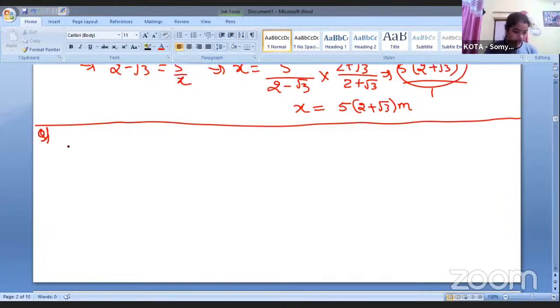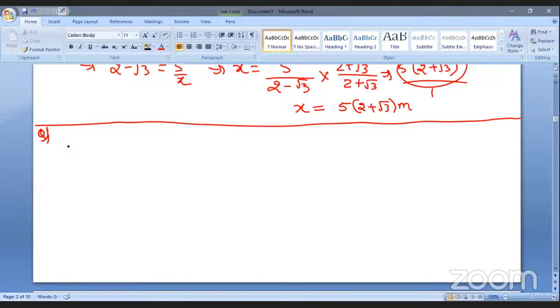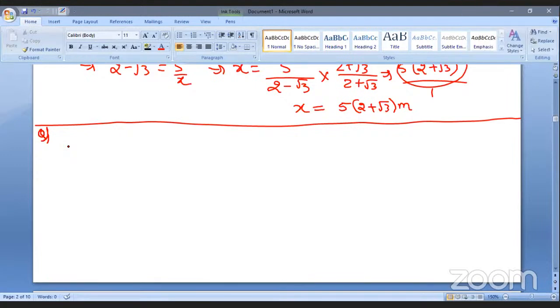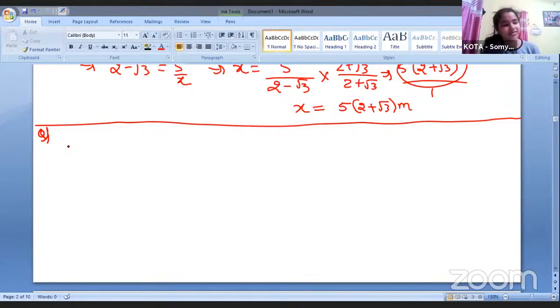Do I have to write the whole question? Ma'am, just dictate it. Okay. Ma'am, I got the value for sine 15 in the form of sine A minus B: root 3 minus 1 by 2 root 2. What is the formula for it?